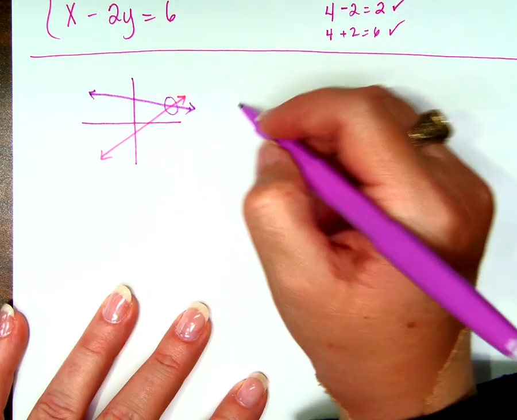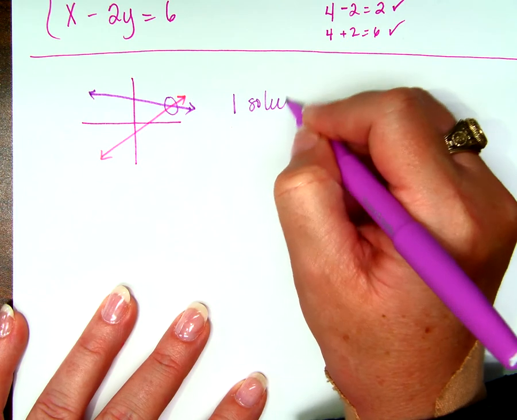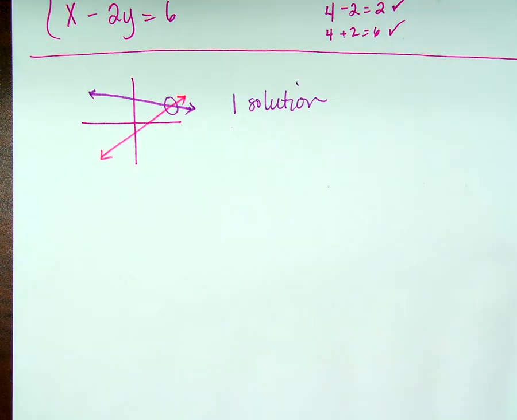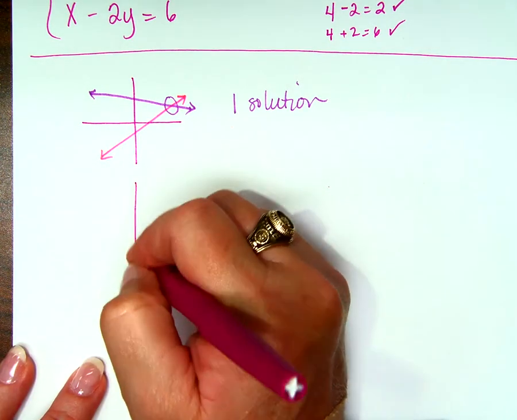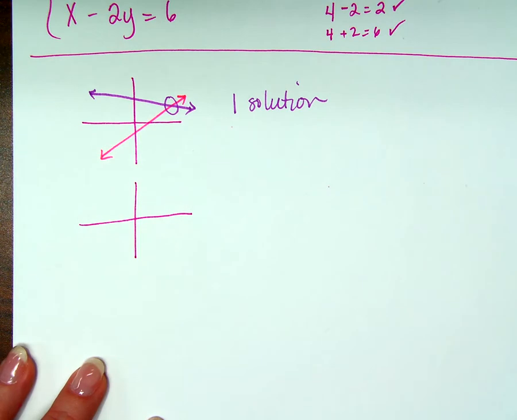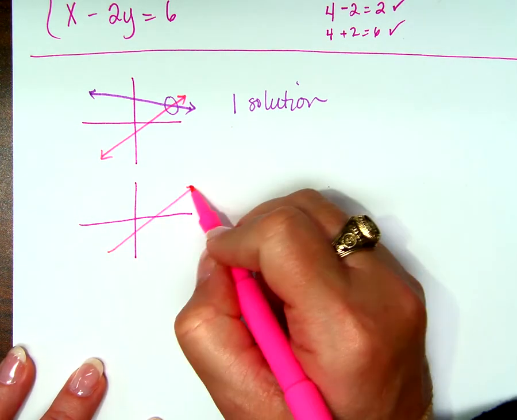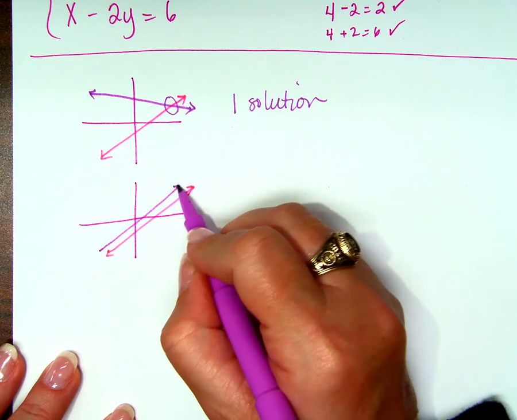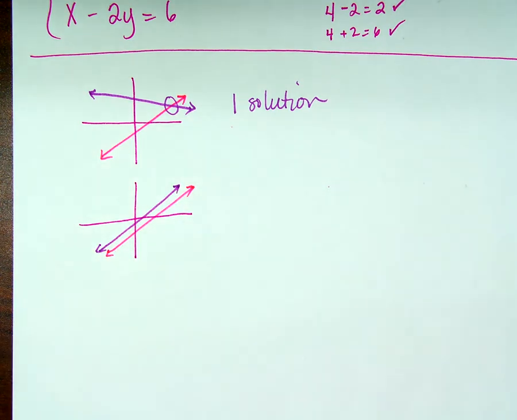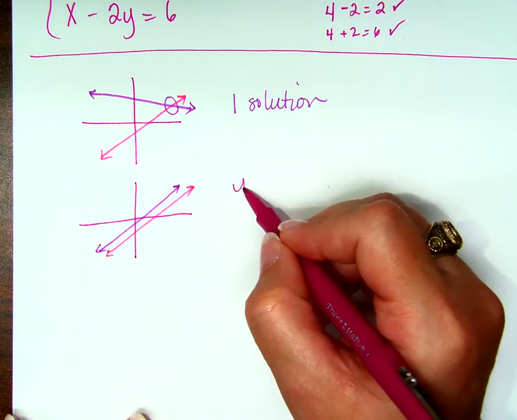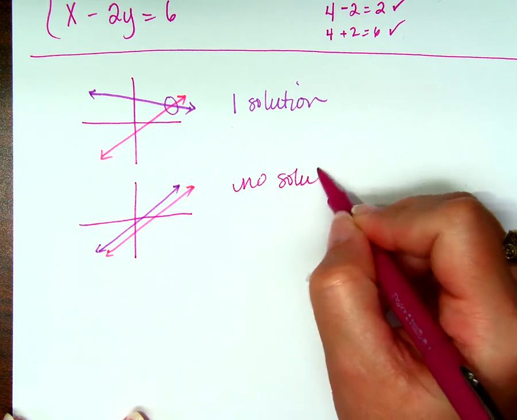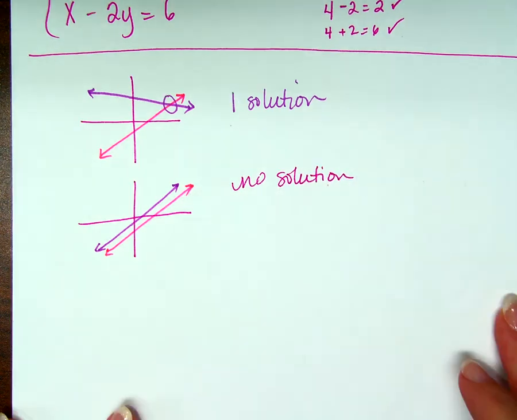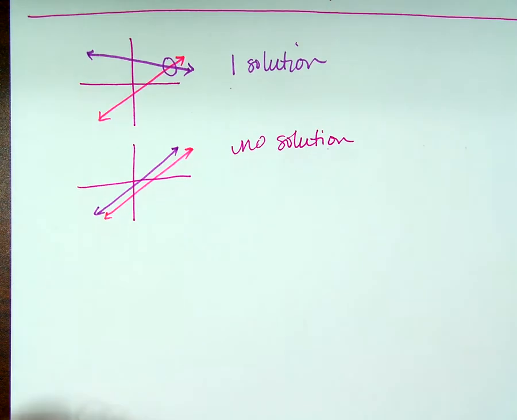Right here. There's one solution. You remember this, yes? Another option I could have is one line here and one line here. How many solutions are to this system? No solutions. Why no solution? Because they don't ever cross.